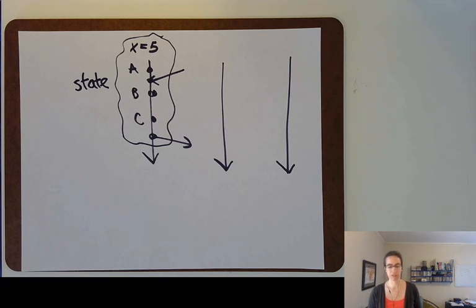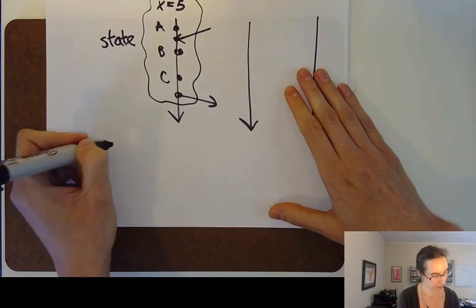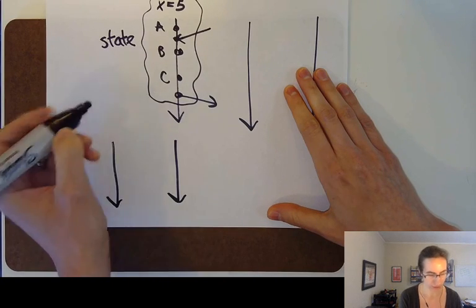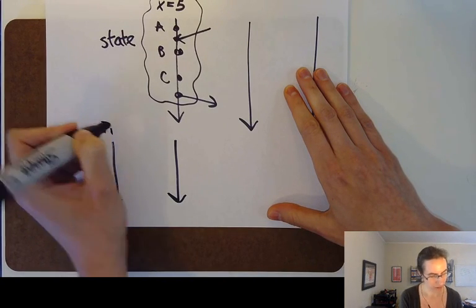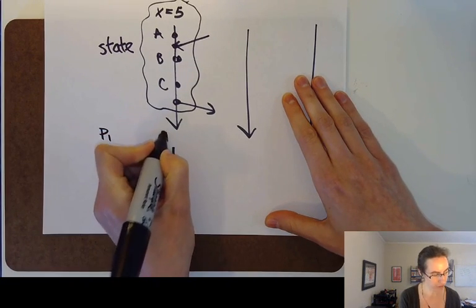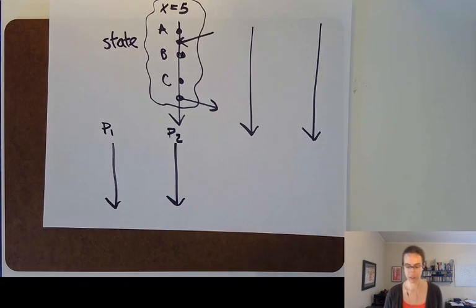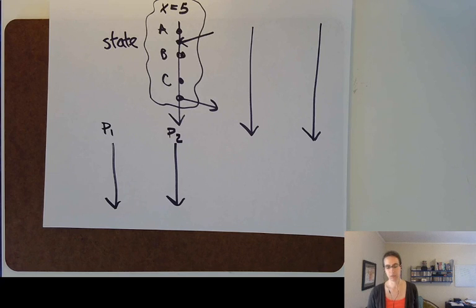Just to give you an example of that, let's say P1's clock is set a little bit earlier than process 2's clock. Then process 1 might take a snapshot at what it thinks is 9:20 a.m. and then it might send a message to process 2.